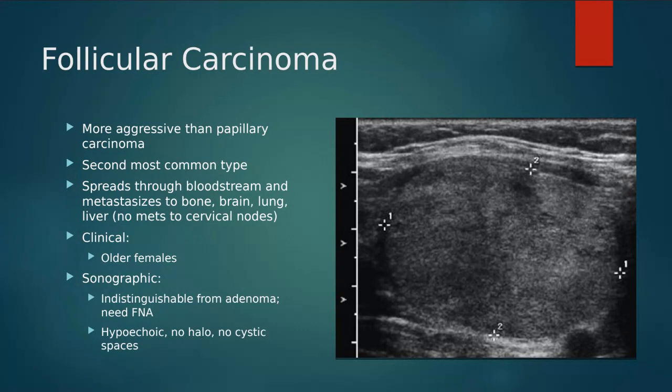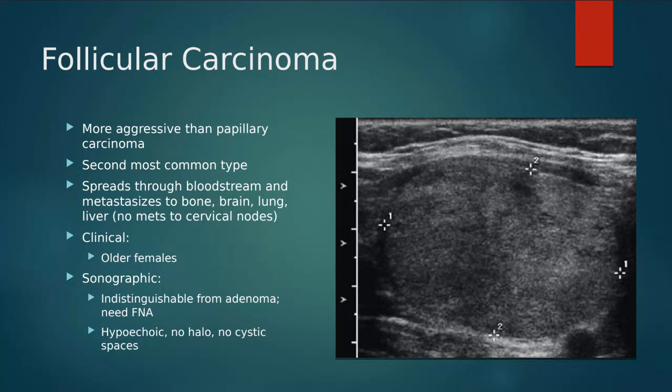It's going to spread through the bloodstream. So that venous drainage coming out of our thyroid, right? It's going to go wherever else it's going to go because of that venous drainage out of the thyroid, mixing with all the other blood and being transported elsewhere into the body.